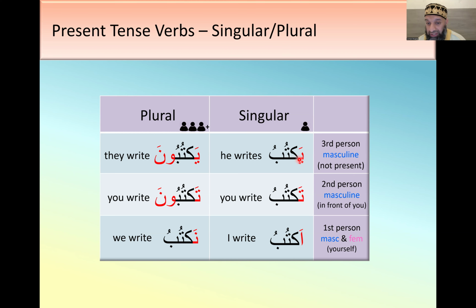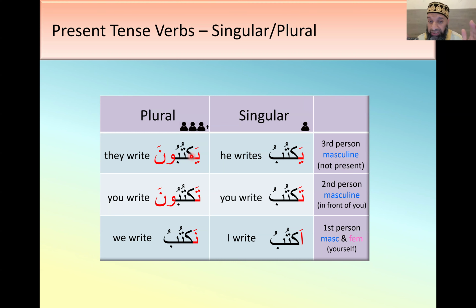That's how you can tell it's present tense: if a ya comes before, or a ta, or an alif, or a noon, it's present tense. If you remember last week and the week before, for past verbs we were only attaching to the end of the verb: kataba, katabu, katabtum, katabna. But for the present tense, you attach something to the beginning of the root word.